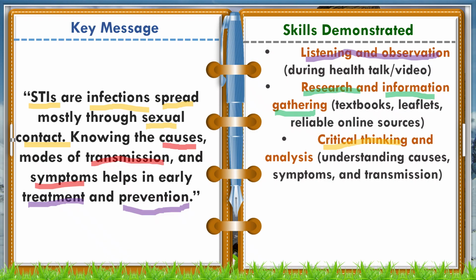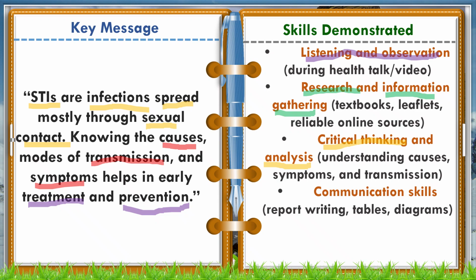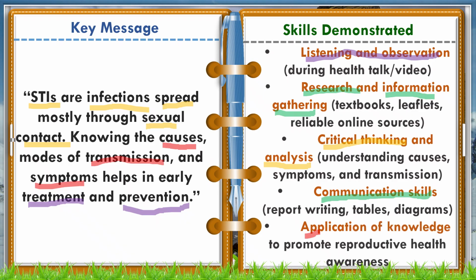Then we have the critical thinking and analysis skill. This one is obtained by understanding the causes, the symptoms, and the transmission. Then we have the communication skills. These are observed through report writing, filling the tables, and drawing diagrams. And lastly, application of knowledge to promote reproductive health awareness.